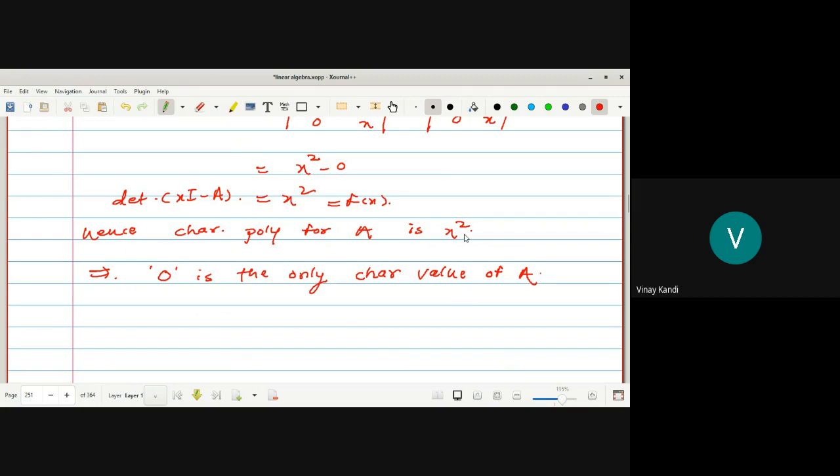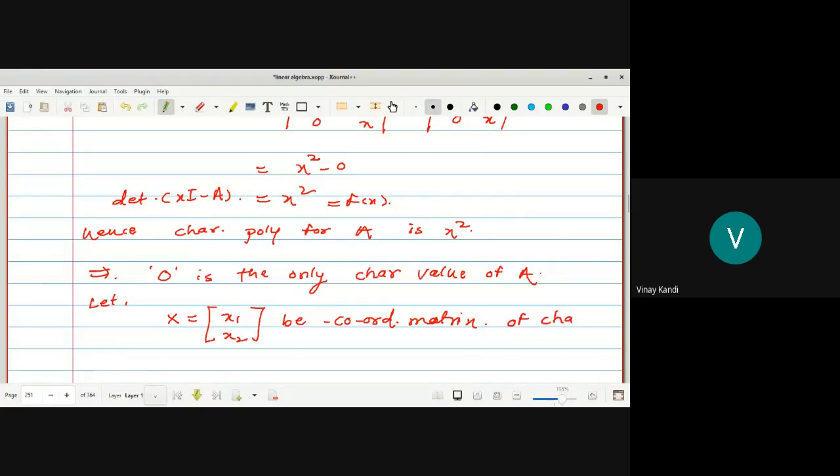Any doubt up to here? Now we have to find the characteristic vector. Let's suppose capital X is the column vector x1, x2, the coordinate matrix, that is the column matrix, of the characteristic vector.